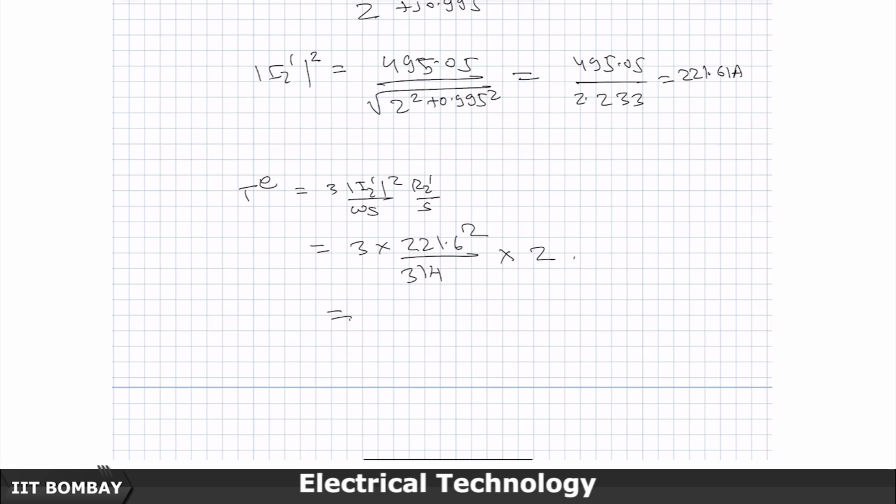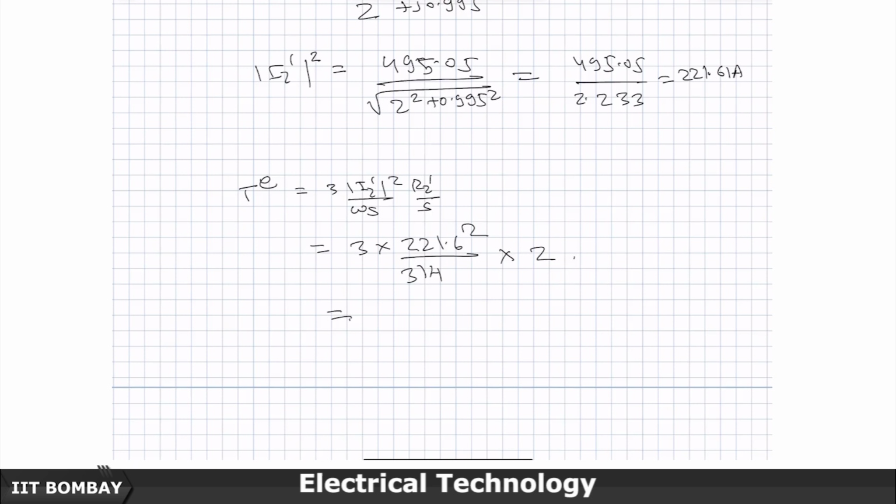221.6 square divided by 314 into 3 into 2.